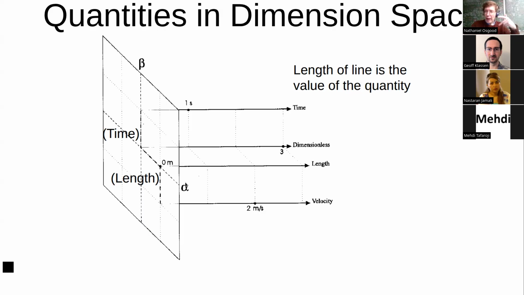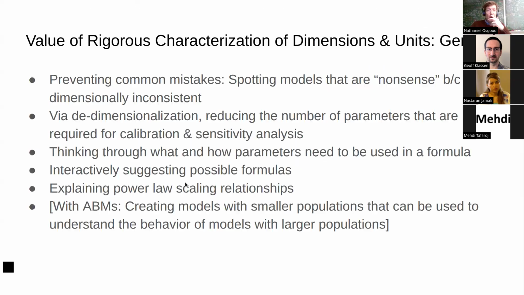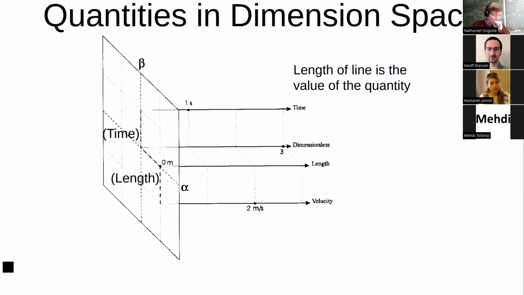And so when we have a dimensional quantity, we can characterize it as carrying a certain value for the quantity itself, and then a product of powers of dimensions. So for each dimension, it has an exponent associated with it.